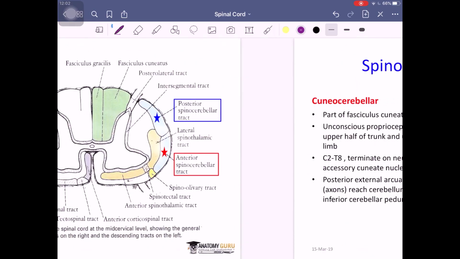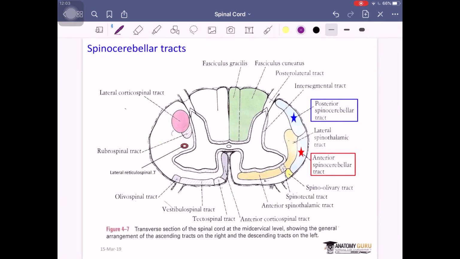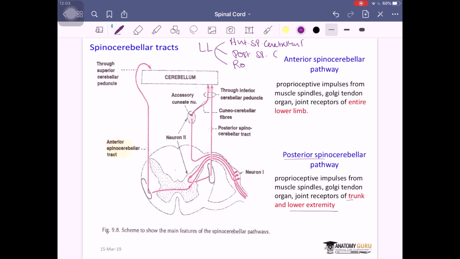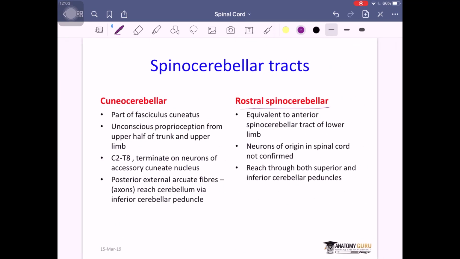So the posterior spinocerebellar tract and this one, the rostral spinocerebellar. The only one not getting information from the lower limb is the cuneo.